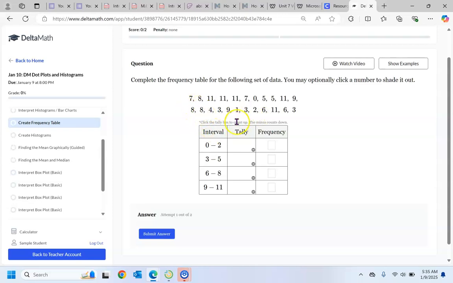Complete the frequency table for the following set of data. So let's see, 0 to 2. So we got 1, 2, 3. So then do 3 like that. Okay.